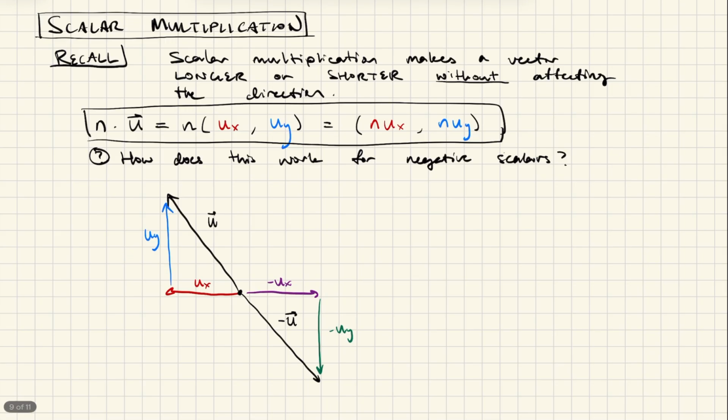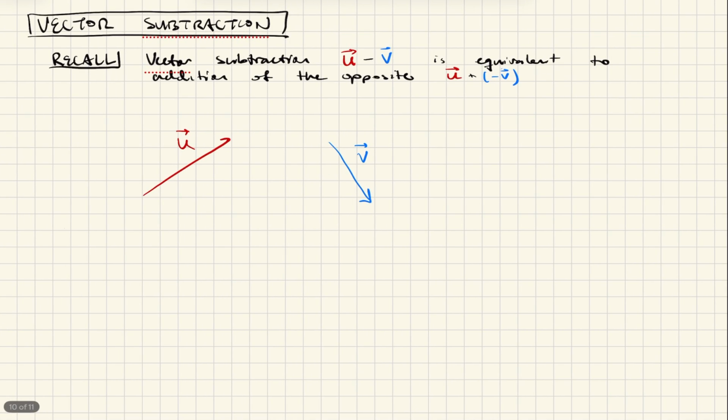Okay, let's move on to our final vector arithmetic operation, which is vector subtraction. Remember, the way we formulated vector subtraction in our earlier video was that vector subtraction is the same thing as adding an opposite vector. So if I have a vector subtraction problem like vector u minus vector v, that's equivalent to vector u plus negative vector v.